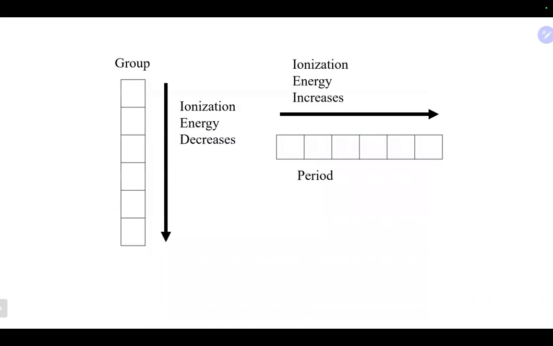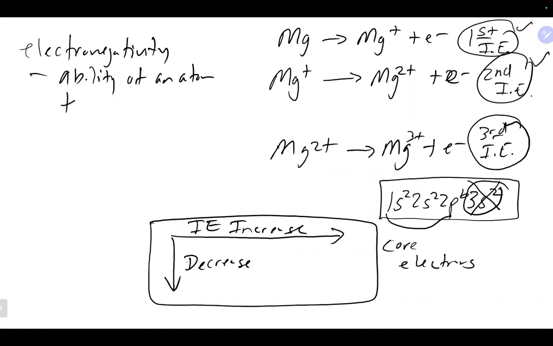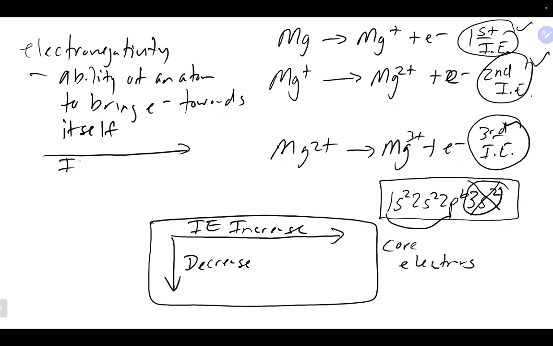A couple other important trends we'll add to our periodic table. First is electronegativity. Electronegativity is the ability of an atom to bring electrons towards itself. On the periodic table, it increases as you go up and to the right, and it decreases as you go down.